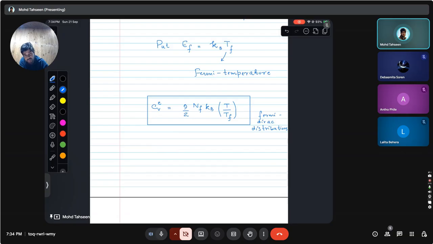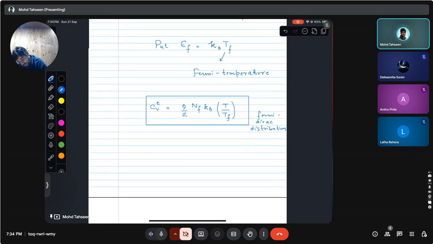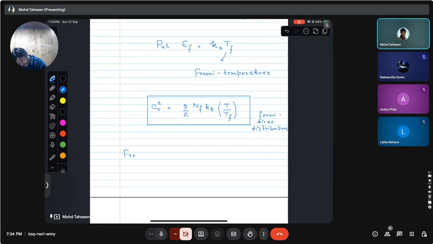Now recall what was the expression for the electronic contribution to specific heat that we obtained from just the Drude model. From the Drude model, this C_V^e was equal to just this factor.